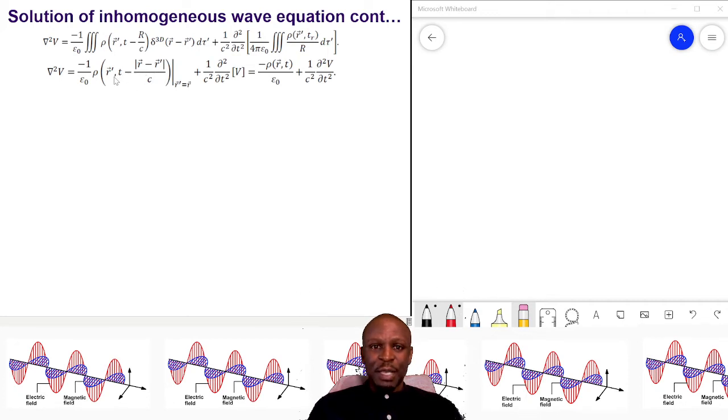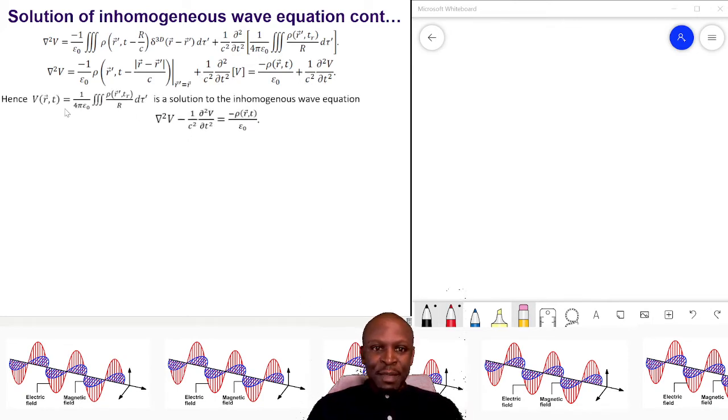I'm just going to be left with this r as a function of t only, because r prime is equal to r. I'm going to have 0 divided by c, which will vanish this term, and then I will end up with this over epsilon naught. But that must be plus this potential. Hence, this potential that we have assumed is a solution to the inhomogeneous wave equation, because this is equal to that.